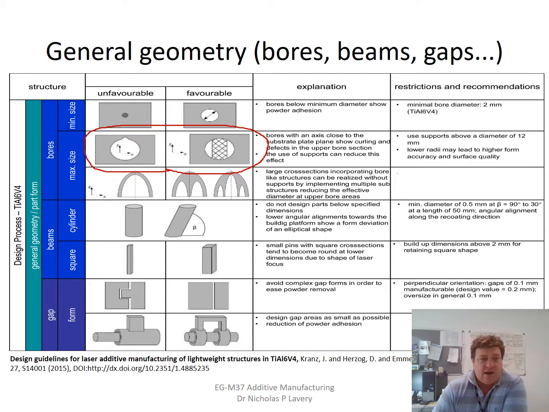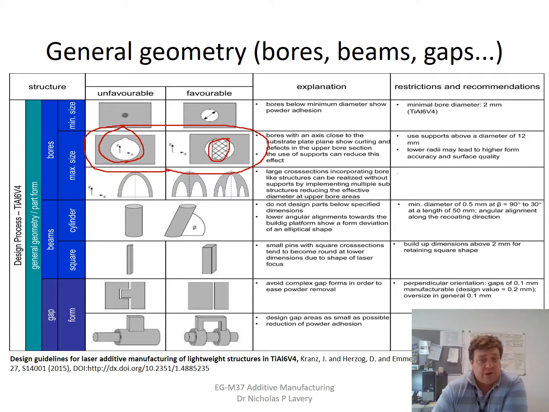If you're designing a cooling channel, does it necessarily mean that you have to have a circular cross section of the bore? Probably not. Now, if you use a teardrop-shaped cross section of your bore, it means that you can probably get away from having to put support structure for larger holes.